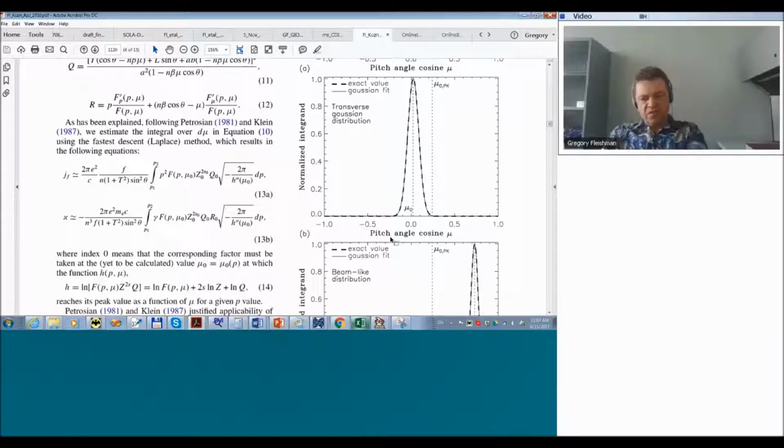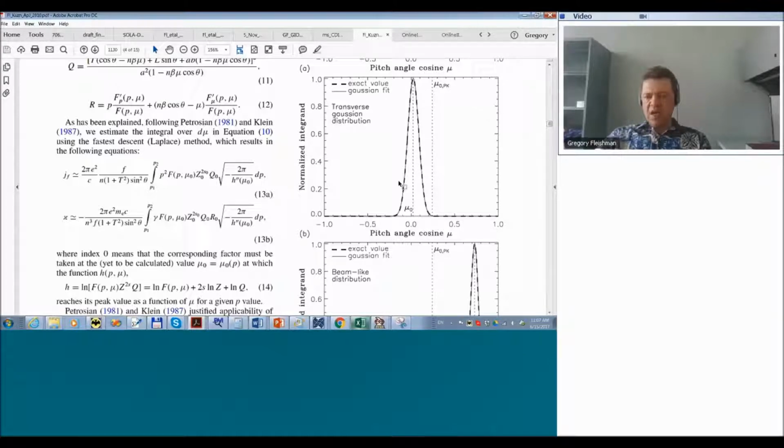This figure shows examples of it. The exact value, computed from numerical computation, is the dashed line, and you see that the Gaussian fit, the solid line, is very closely matched.